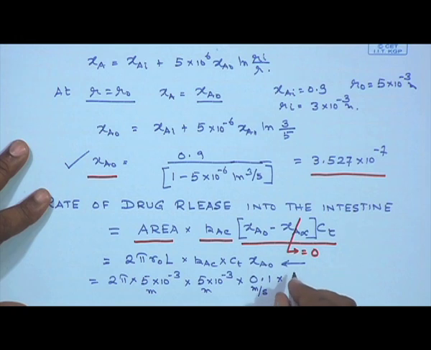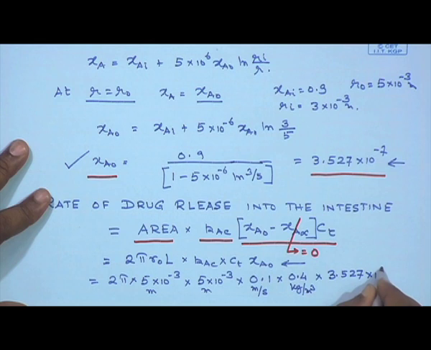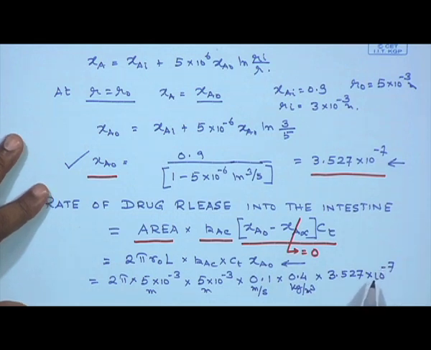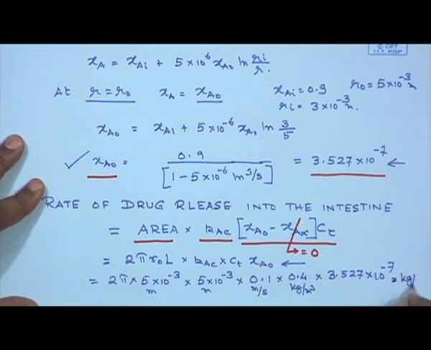Then C_T, the total concentration of all the species present, is given as 0.4 kg per meter cube, into the value of x_A0 which you have obtained from here, 3.527 into 10 to the power minus 7. This being a mole fraction, obviously it does not have any units. If you look at the units over here, the total unit is simply going to be in kg per second.